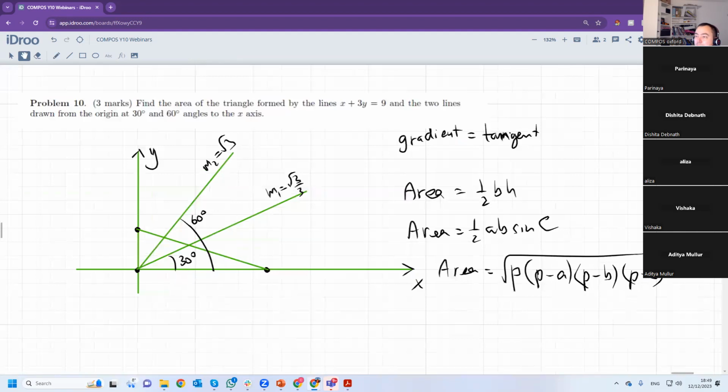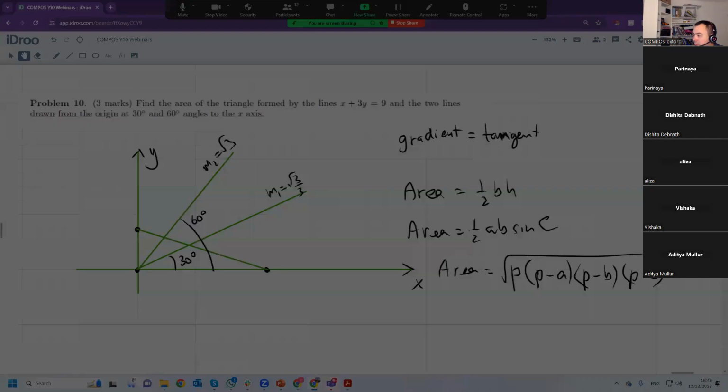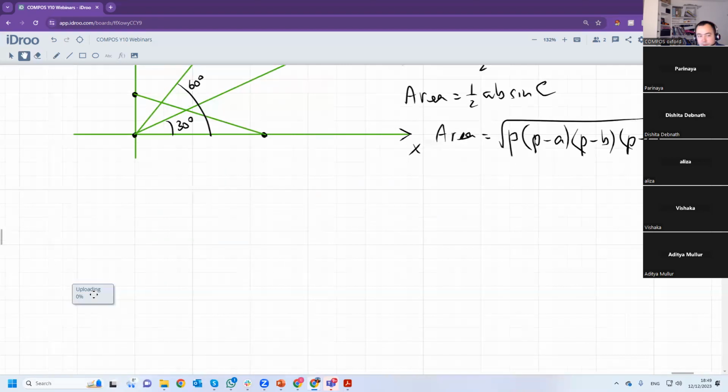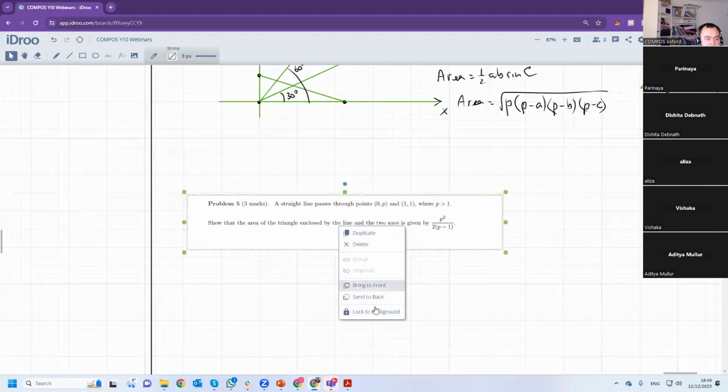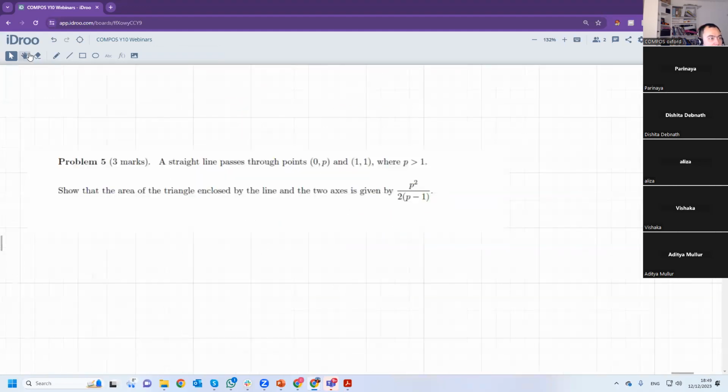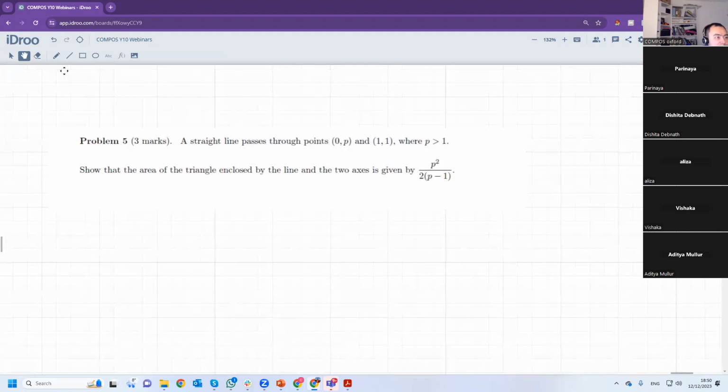Can you please draw a triangle for problem 5 in maths? Oh, of course. So problem 5. A straight line passes through the point 0, P and 1, 1, and P is greater than 1.